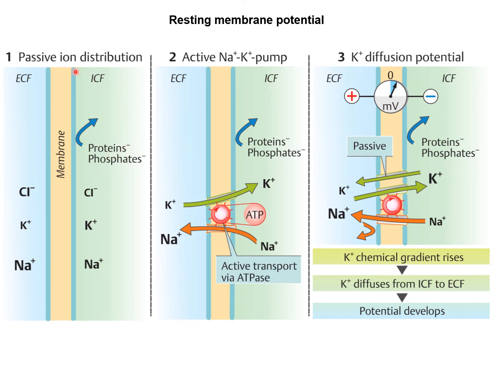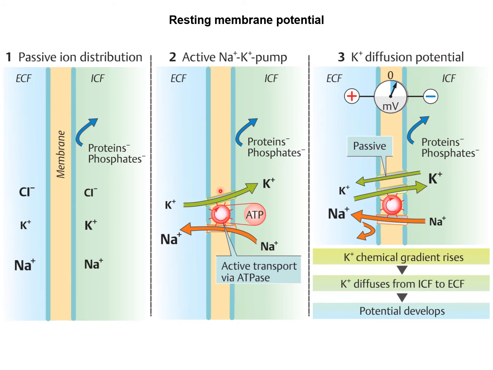So we see that we already have a more negative concentration on the inside of the cell. So it has gone a little bit towards the negative. So we have a little bit of resting membrane potential, which, let's say the Vm is minus 10 millivolts right now, just because of that small difference.